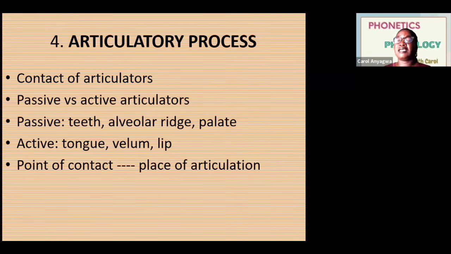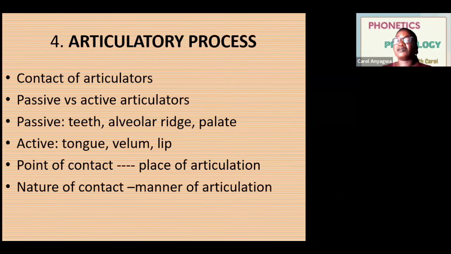So for instance, if it is two lips that are involved, like I have b, b, then we'll be talking about a bilabial sound. Sounds, consonants in particular, are named based on the point of contact. That's their place of articulation. And the nature of contact is what determines the manner of articulation.